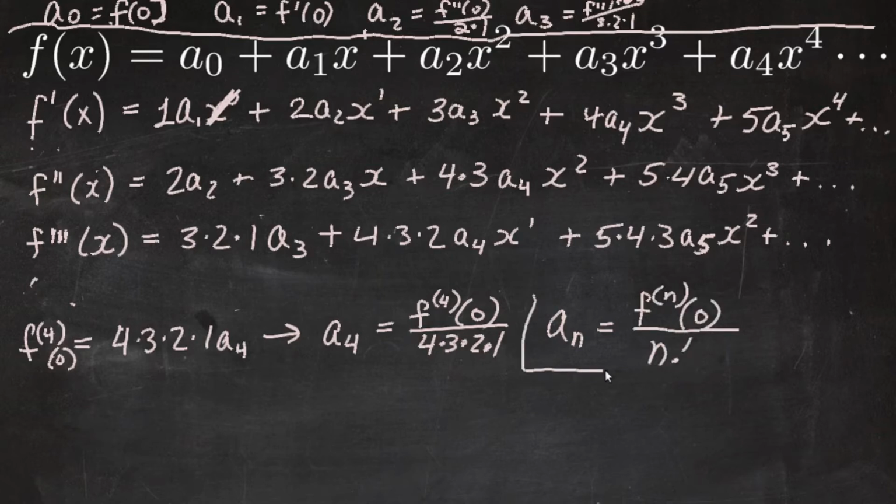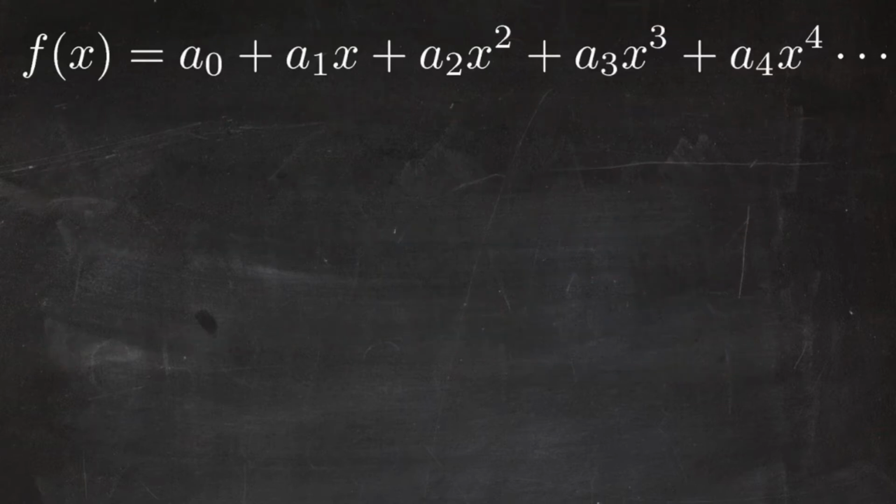This tells me a way to find these coefficients so that I can rewrite any function I want, as long as I can take its derivatives, as a polynomial. So that's what our calculator wants. This is a way to calculate, say, cosine or sine just using a polynomial. Let's try that as an example.